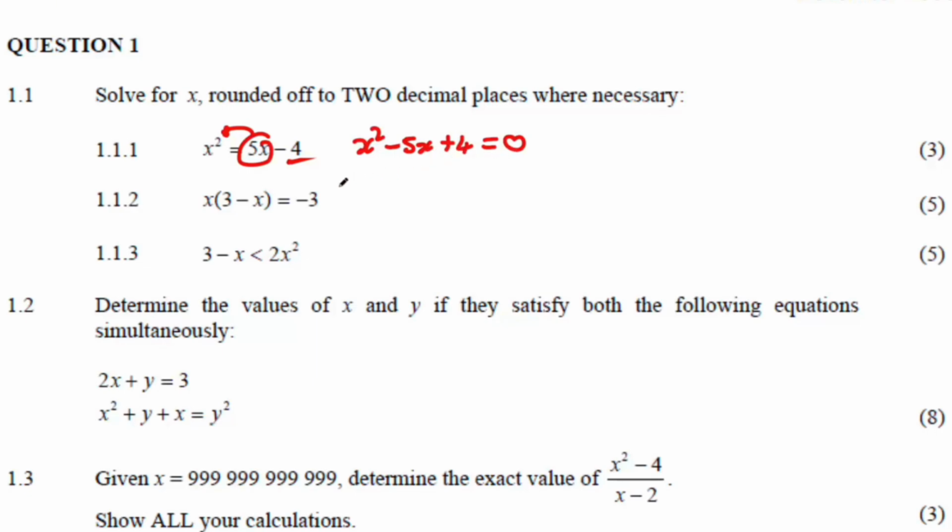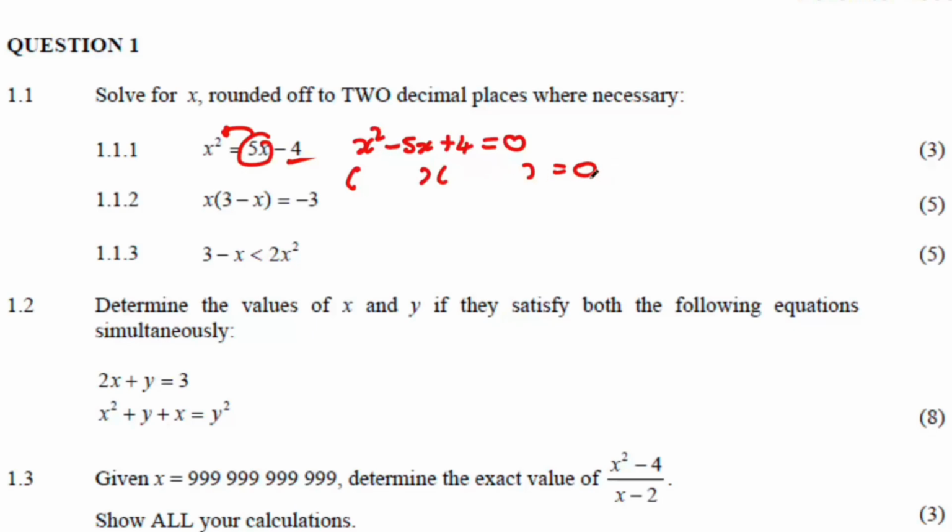All right. So the next thing that we do, because we are solving for x, so we are looking for 1x. We're not looking for x squared, which is 2x's, right? So the next step that we do is to factorize it. Factorizing it means that we'll have brackets, and we'll put something in these brackets and then we'll say it's equals to whatever is on the right hand side.